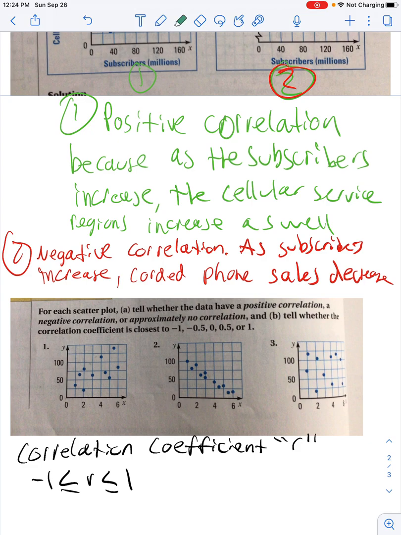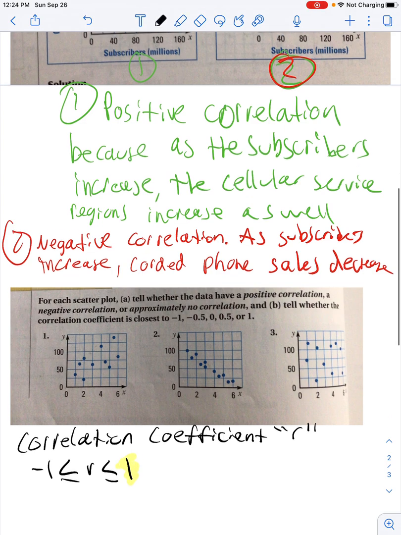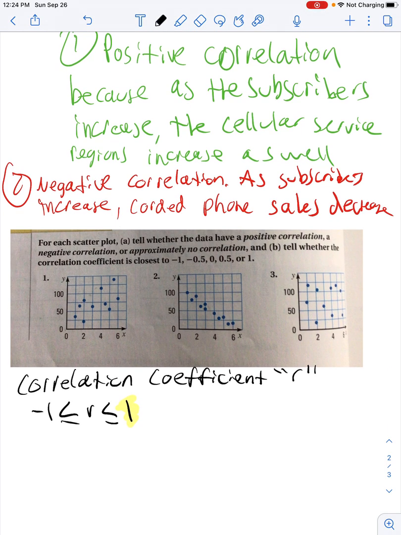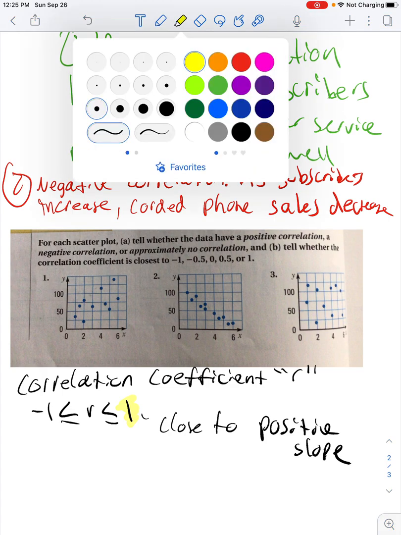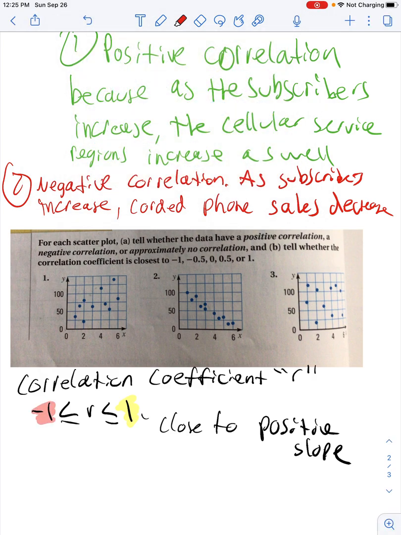So if R gets really close to 1, that means that it is almost a perfect positive slope. It's a linear positive slope. And they're very similar, like opposites, where if it's really, really close to -1, our R value tells us that it's close to a negative slope.